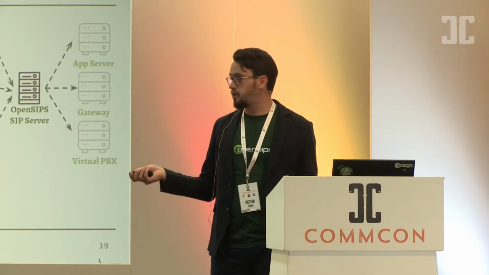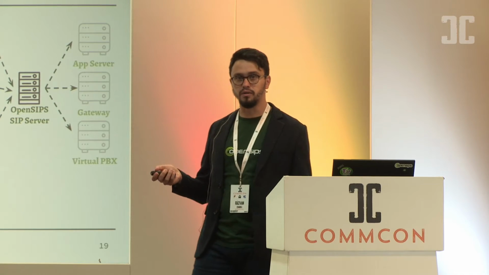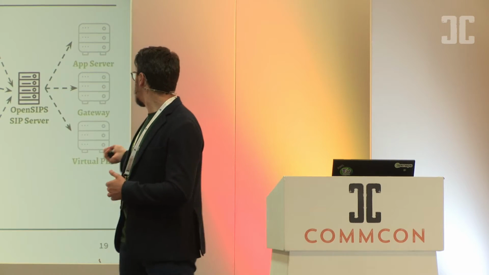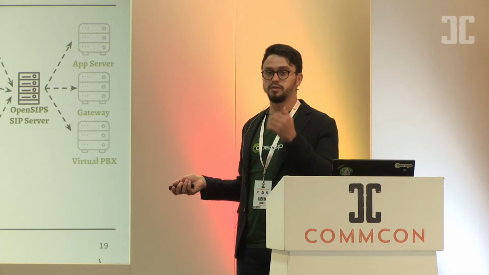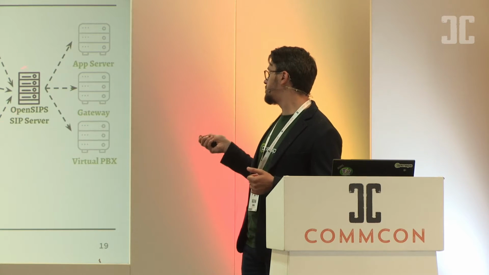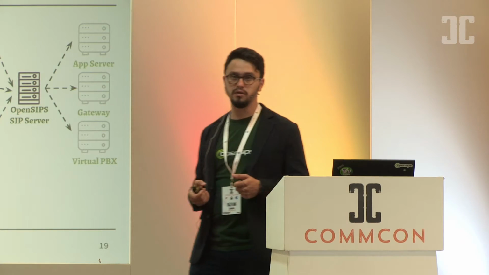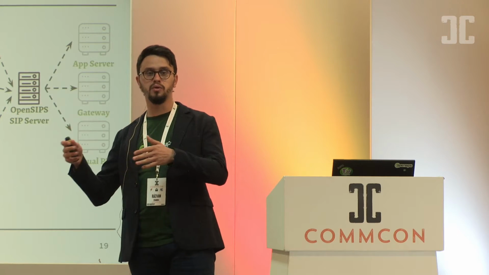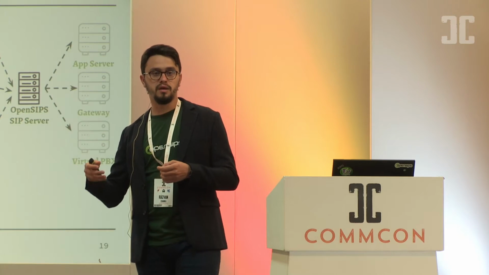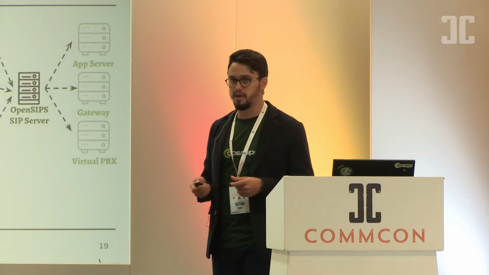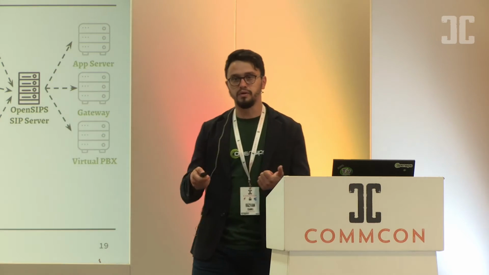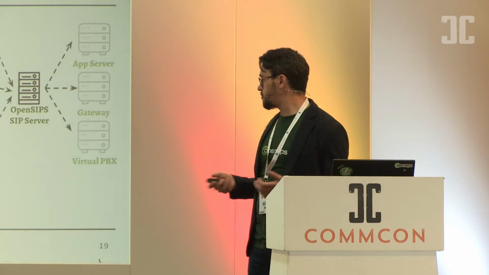In OpenSIPS, we also have call queuing for those that want to have a call center as an application provider. You can do the dispatching on the OpenSIPS side. So we have all the flows and queues and skills that call centers have and need. You can configure them in OpenSIPS and it will just work.